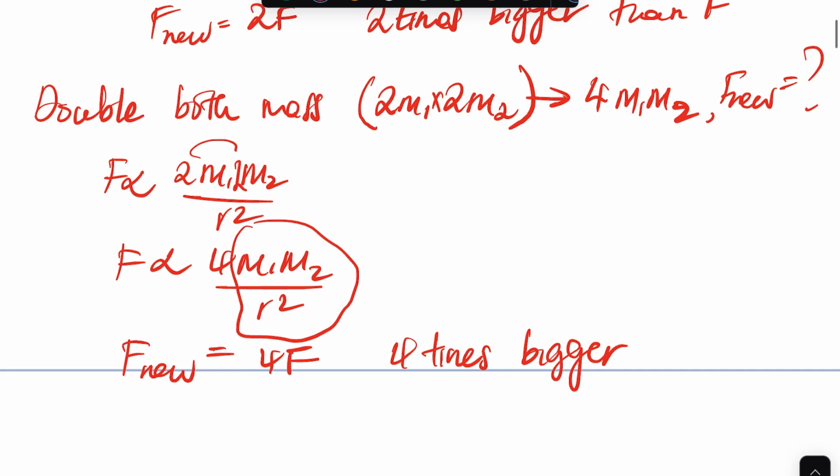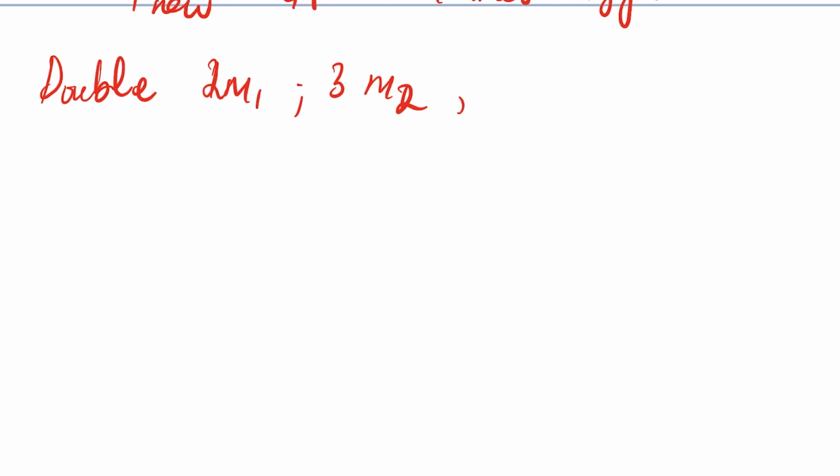So that means the new force is 4 times bigger. Now let's see, if I double one mass, so it'll be 2m1, and the other mass I triple, so it'll be 3m2, and there's a change in the distance, and I double the distance.